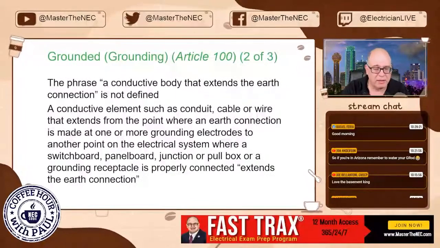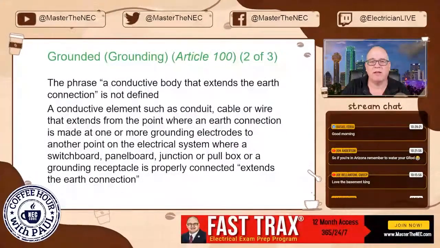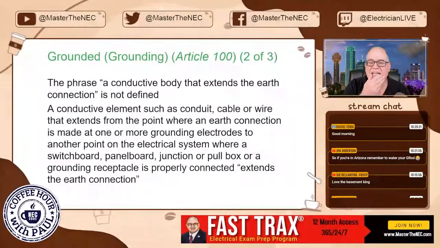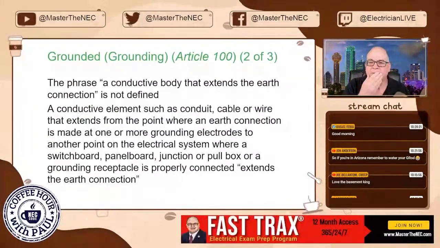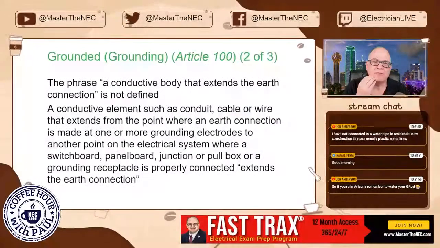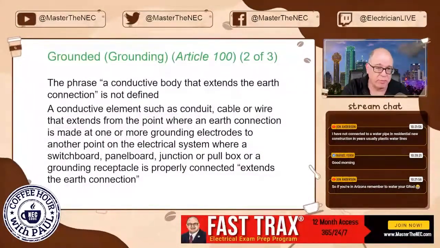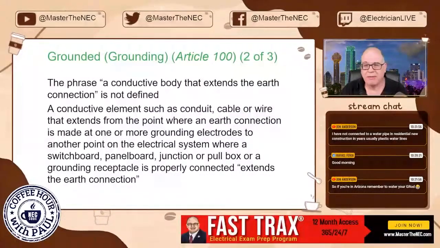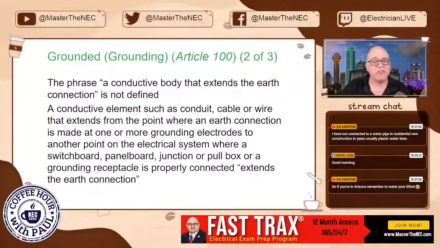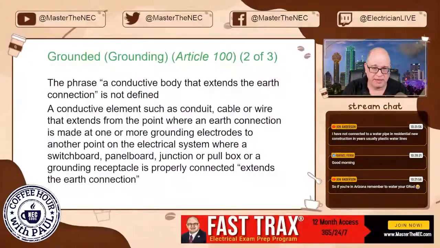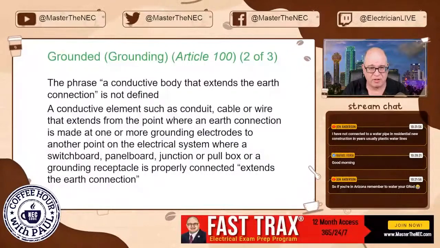Some people think grounded is different from grounding, but actually, grounded is the past tense of grounding. Grounding means you're doing something. Grounded means you've done it. Either way, we're extending that connection. Well, we don't have a definition in there for the phrase, the conductive body that extends the earth connection.